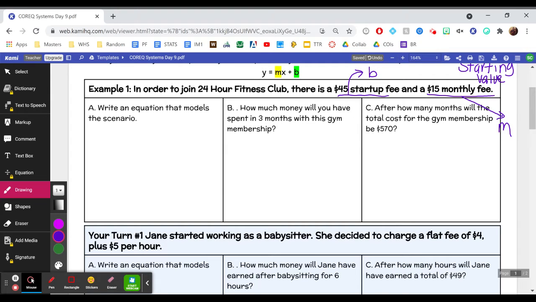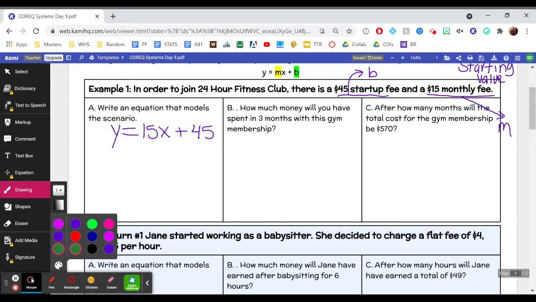Okay, so if I go to the first question that tells me write the equation that models this scenario, then I know that it will be y equals my slope, which I know is 15. So 15x plus the 45. Okay, since I have two variables, I like to define what those two variables are.